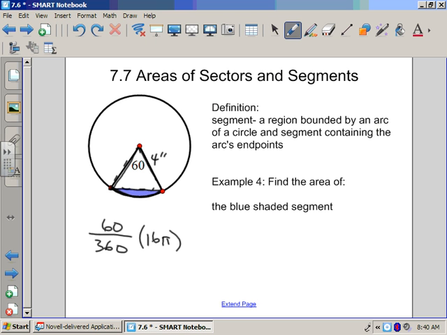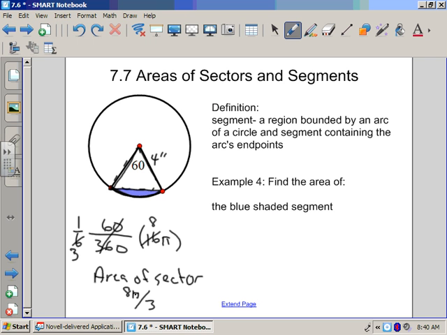Well, 60 goes into 360 6 times, so I've got 1/6 of 16 pi. 2 goes into 16 8 times, 2 goes into 6 3 times, and so the area of the sector is going to be 8 pi over 3.